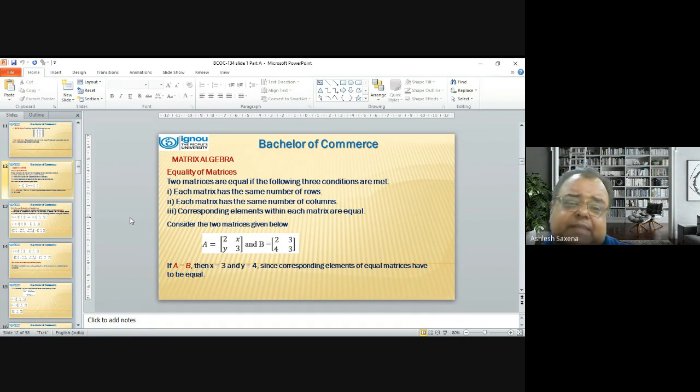Matrix A has 2, x, y, and 3, and matrix B has 2, 3, 4, 3. You can see that 2 and 3 in matrix A and 2 and 3 in matrix B diagonally are the same. That means if these two matrices are equal, straight away x will be equal to 3 and y will be equal to 4. This is the basic condition for equality of matrices.